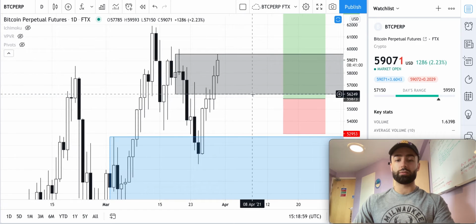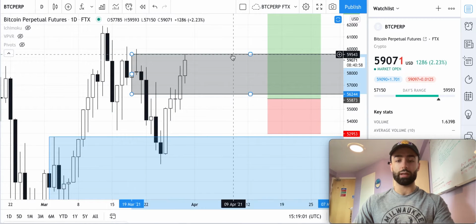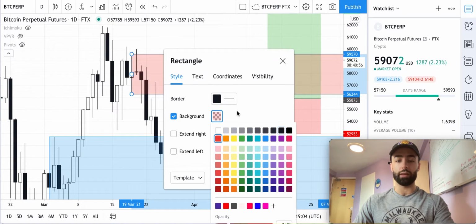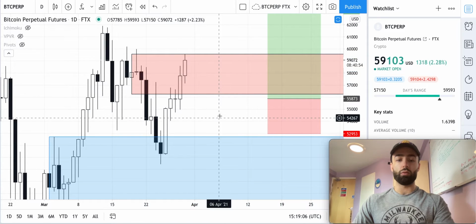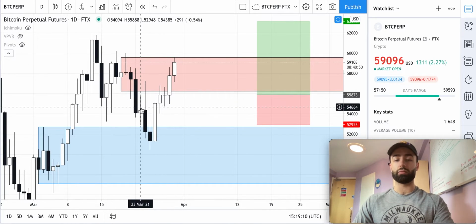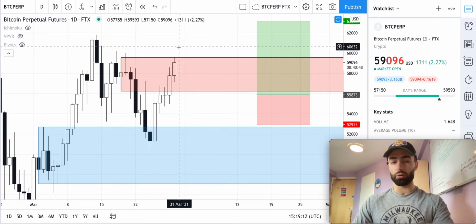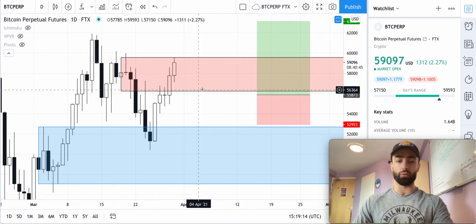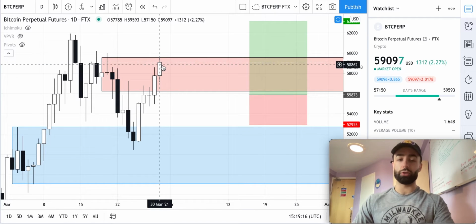So for this to turn into support, because right now it's resistance, so we're going to color it red, we'll end up needing to do the same exact thing that we're doing for this level, which is get 2 candle closes above it. Then it will be support. So right now we're currently pushing up there.